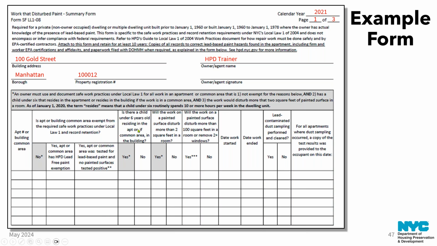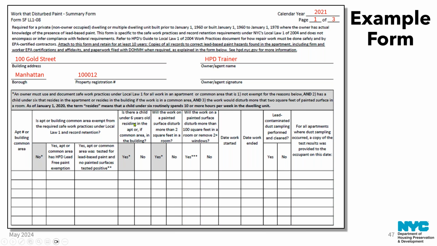Is there a child under 6? Will the work disturb more than 2 square feet in a room? Will the work disturb more than 100 square feet or remove 2 or more painted windows, and so forth. Now, again, federal requirements would apply even if there's no child, for instance.